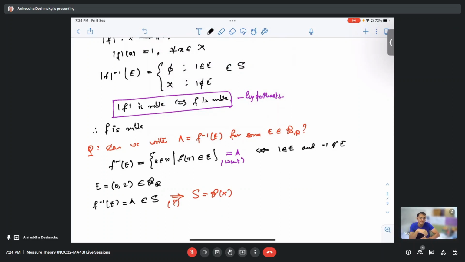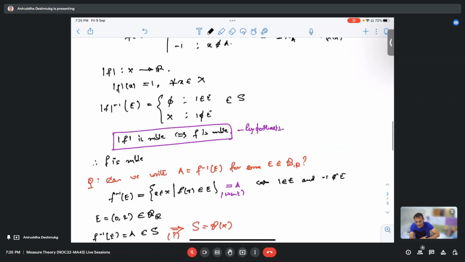The pre-image of any open set belongs to the sigma algebra. So we have proved that any open set, the pre-image of any open set belongs to the sigma algebra. No, no, that is not what we have proved.